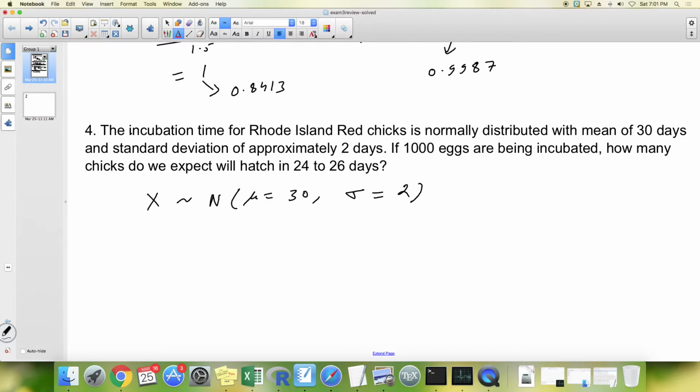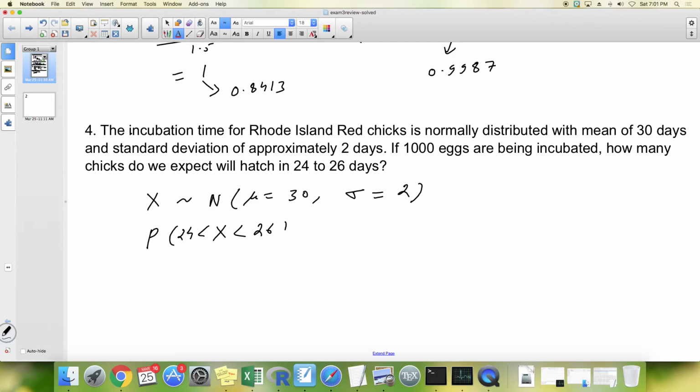So next part of the question they're actually asking is, if 1,000 eggs are being incubated, how many chicks do we expect to be hatching in between 24 and 26 days? So first of all, what's the chance? What's probability X lies between 24 and 26?